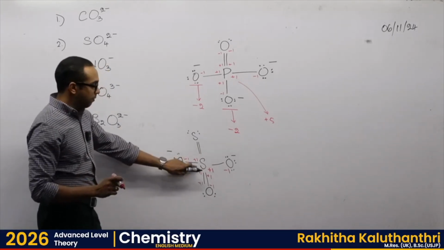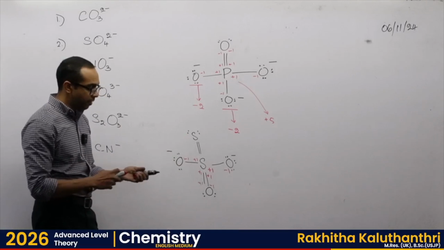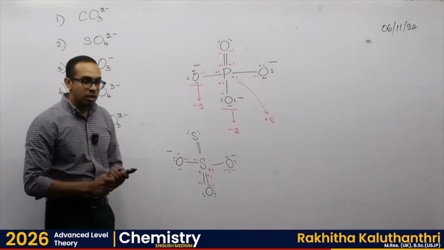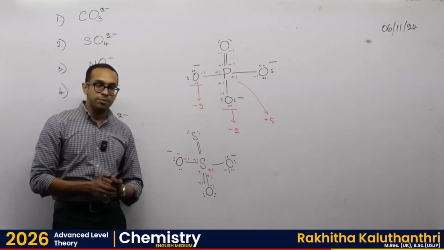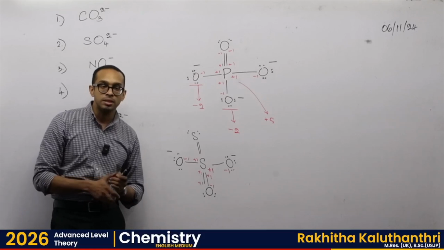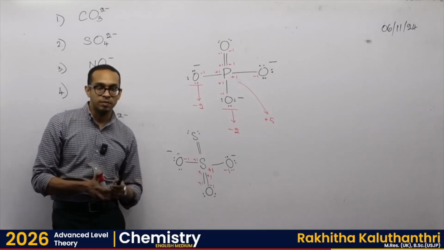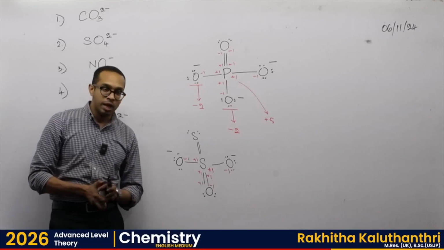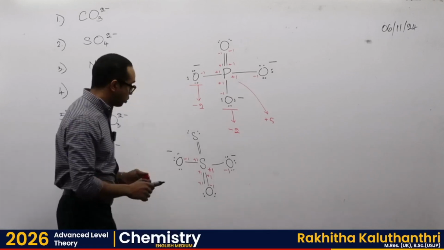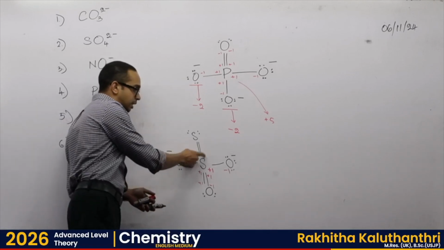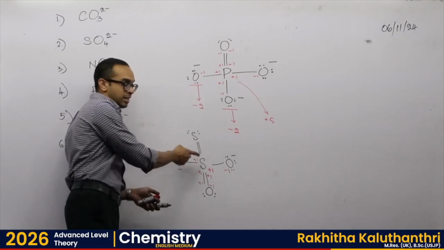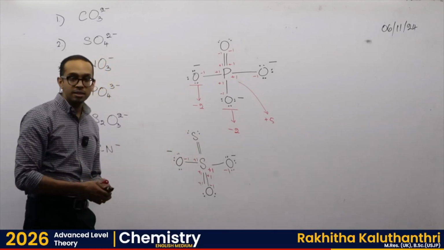Now if you take sulfur and sulfur, is there an electronegativity difference between two sulfur atoms? No. Between two sulfur atoms you don't necessarily have an electronegativity difference. So therefore students, you don't have a charge separation here. You don't say this one is plus, this one is minus. You don't say anything like that. Is that clear?